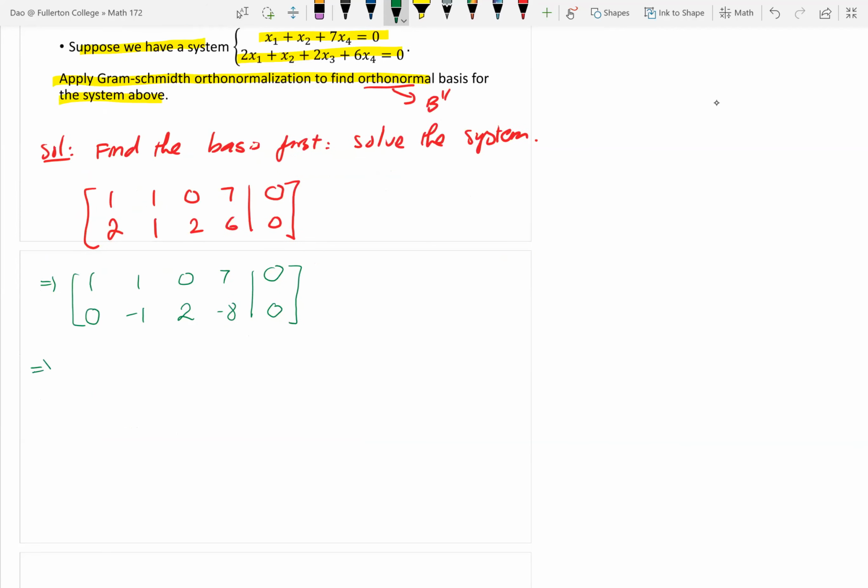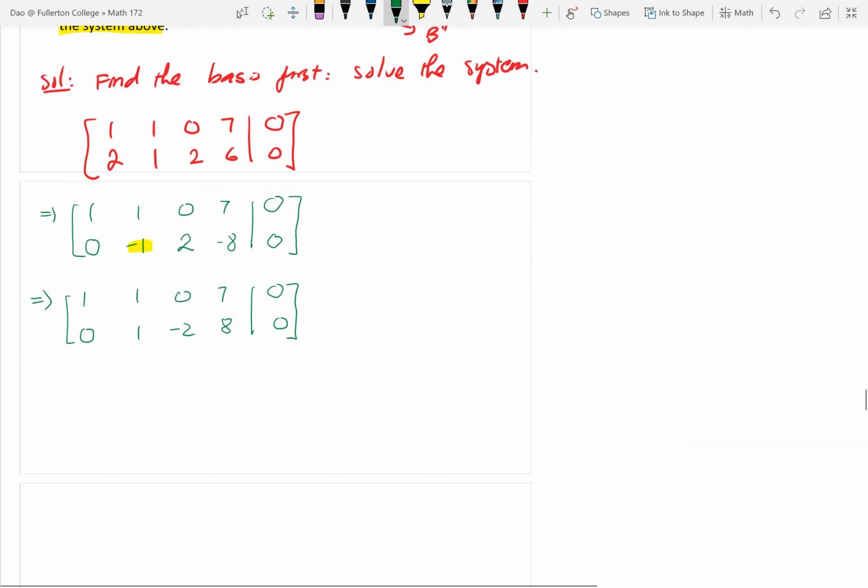And then the next leading entry is this guy. So we get 1, 1, 0, 7, 0, 0, 1, negative 2, 8, and 0. And then we can go and get it done. So we get 0, 1, negative 2, 8, and 0.